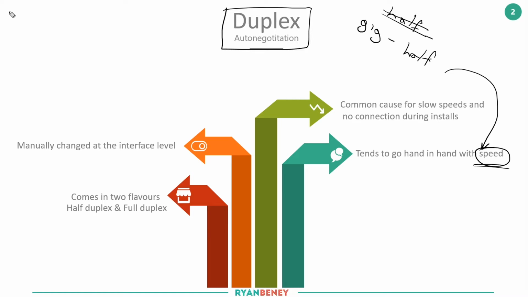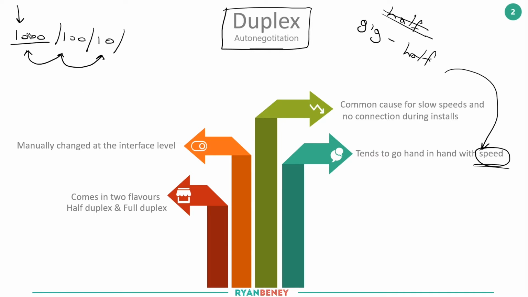So we know, for example, switch ports, some of them can come in 1000 megabits per second, 1 gigabit, or 100 megabits per second, or 10 megabits per second. Well, in order to establish which speed to use, it negotiates with the far end. And we'll get into that a bit more later.